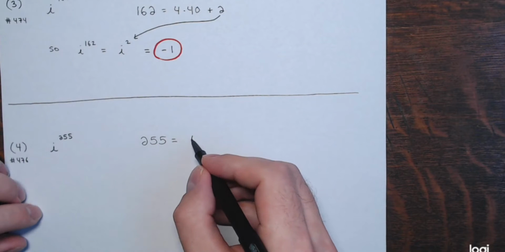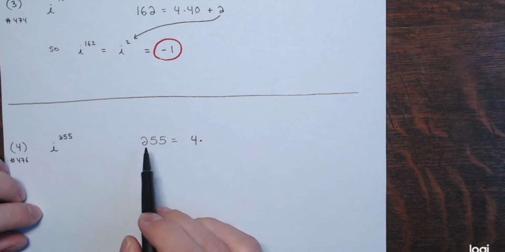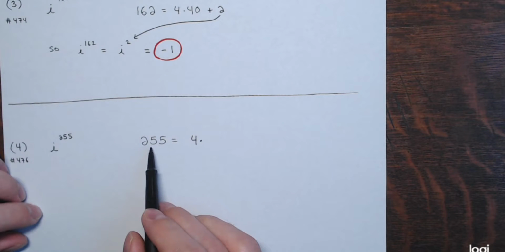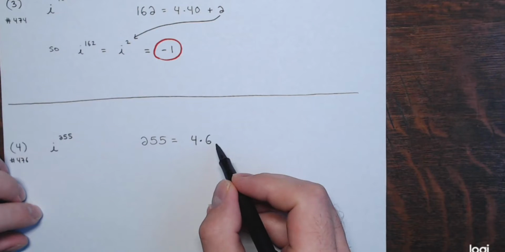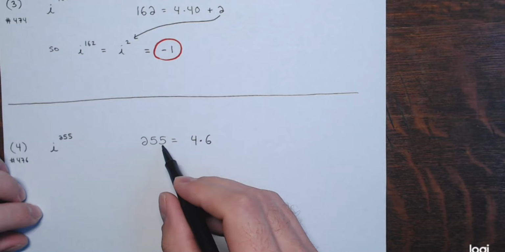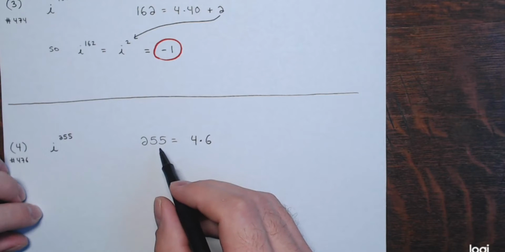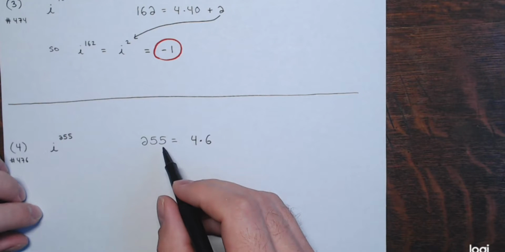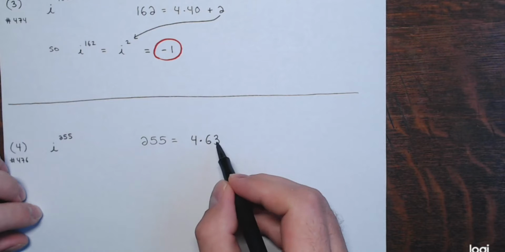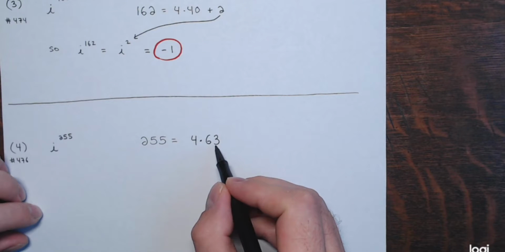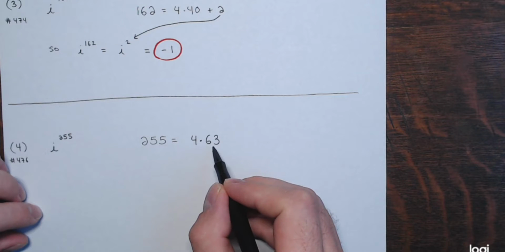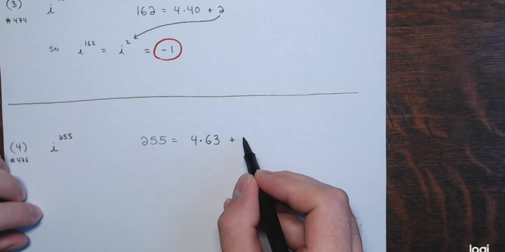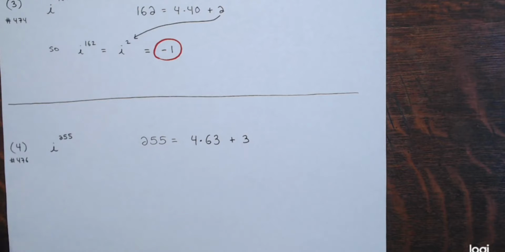Well, 4 goes into 25 6 times. Now if I just did 4 times 60, that'd be 240, so there's 15 left over, right? 4 goes into 15 3 times, so 4 times 63 would be 240 plus 12, that'd be 252, and I have 3 left over, right? Plus 3.